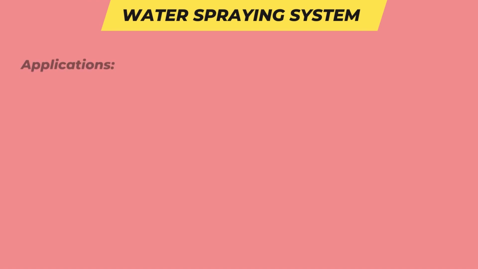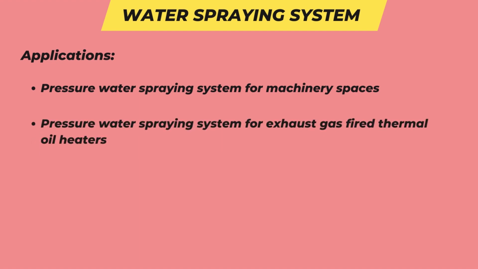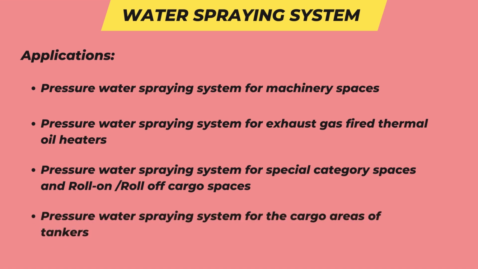Applications of such manually operated systems are pressure water spraying systems for machinery spaces, for exhaust gas fired thermal oil heaters, for special category spaces and roll-on, roll-off cargo spaces, and for cargo areas of tankers.